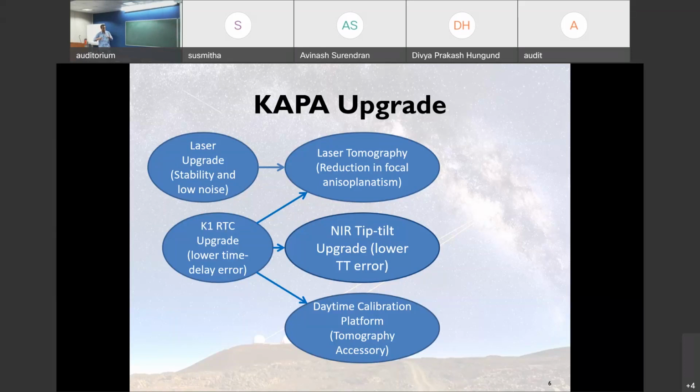And the atmosphere is changing every day, and the model has to keep up with it. Because of that, we have to have this daytime calibration platform consisting of an artificial atmosphere and controllable translation stages where we can actually test our algorithms before we go on sky.